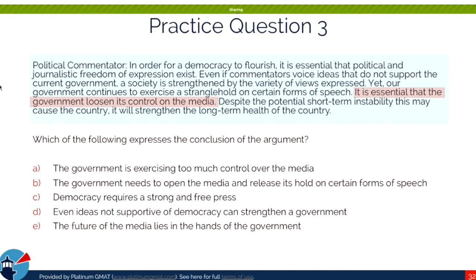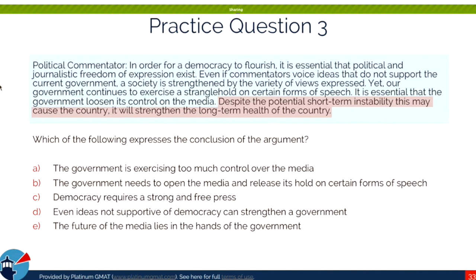And I think this sounds like a conclusion because they're saying democracy requires freedom of expression. Even if it's bad things about the government that are being said, society becomes stronger because of the variety of views. But the government continues to stranglehold certain forms of speech. Therefore, it's important for government to loosen its control because it needs to loosen its control for democracy to flourish.